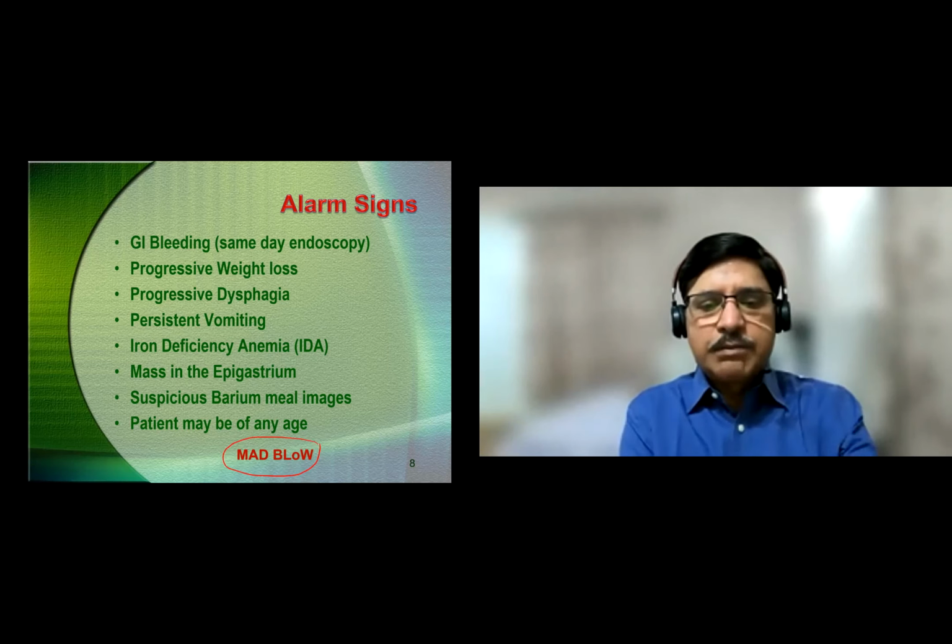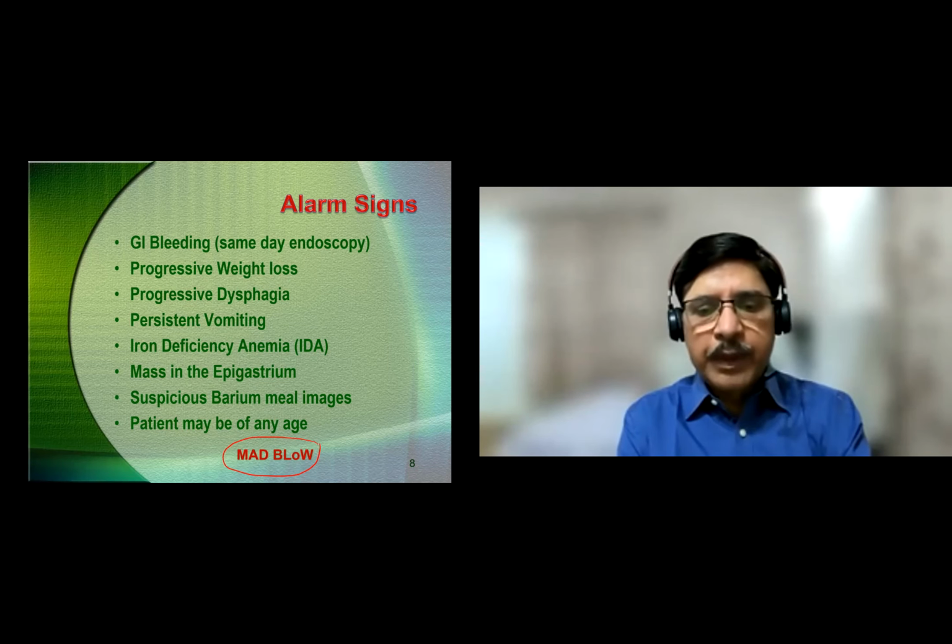What is this MAD BLOW? This is something like a mnemonic for you. M, mass in the abdomen. A, anemia, unexplained anemia. D, dysphagia, not dysphasia. Dysphasia is speech difficulty. Dysphagia. BL, blood through the mouth or in the stool, and LOW, loss of weight. Okay, MAD BLOW.